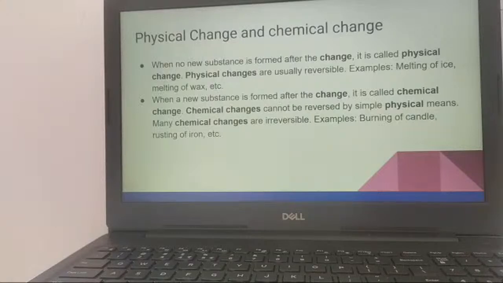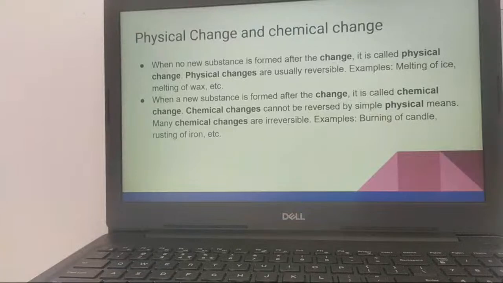The same ice cubes which you have kept out of the refrigerator and which are changed into liquid form, that is water, if you keep that same water in the refrigerator and cool it down, you will find after some time that ice cubes are formed again. So isn't it reversible? Yes, it is reversible.